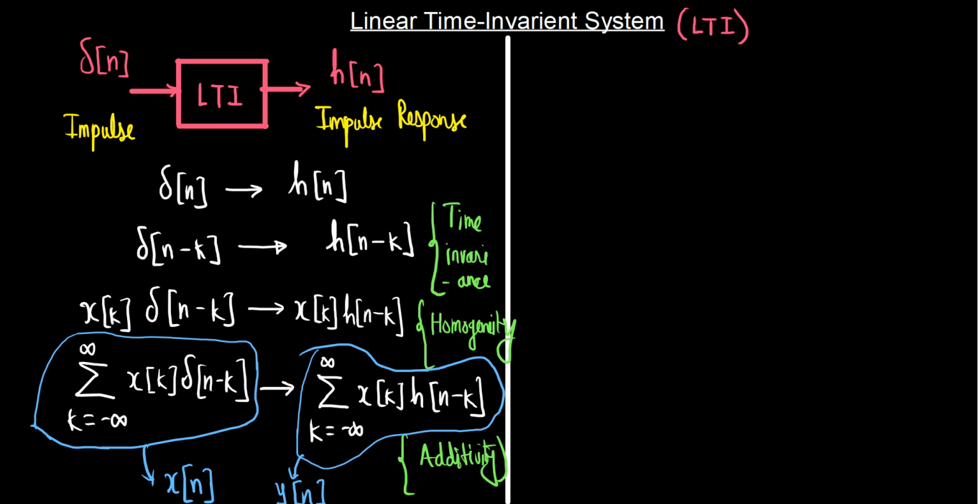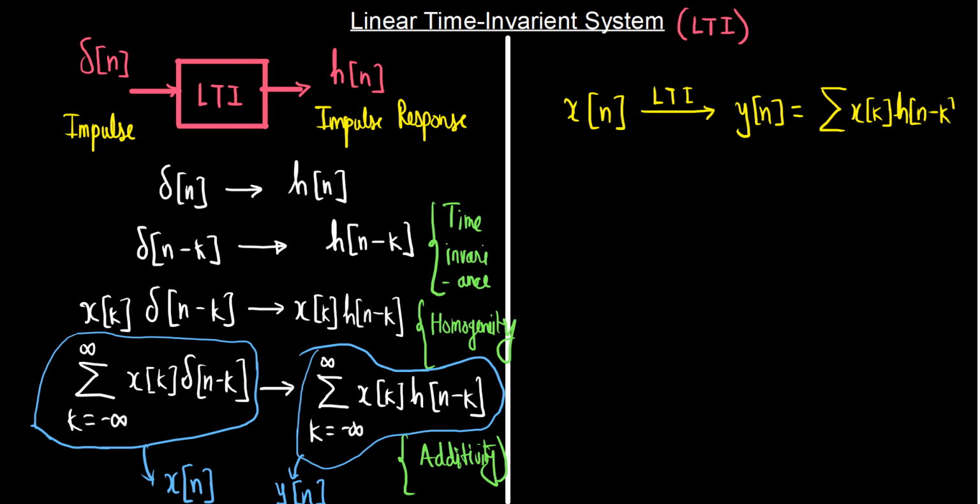The equation that we have obtained here is: if we apply x of n to an LTI system, we obtain y of n, that is the output, as summation x of k h of n minus k, where k is running from minus infinity to infinity.